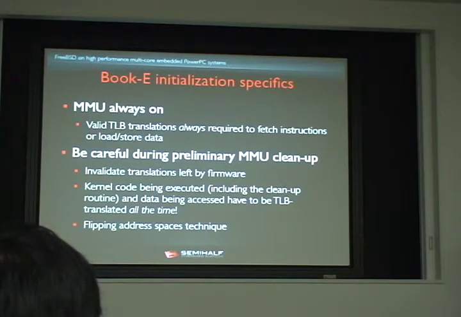So we need to be sure that at all times we've got proper translations in the TLB present in order to execute the code or access any data that this code needs. So this is a very important assumption and requirement, which we cannot get rid of.